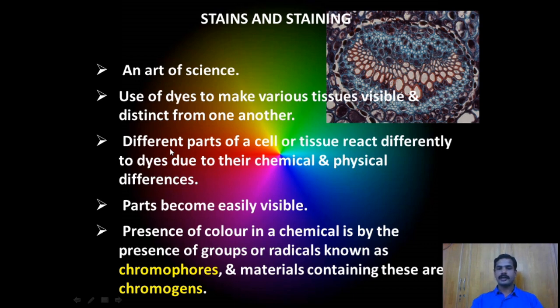The presence of a color in a chemical is due to groups or radicals known as chromophores, and the materials containing these chromophores are known as chromogens.